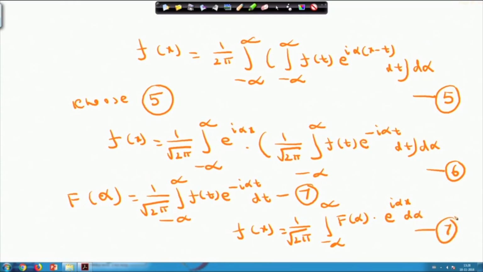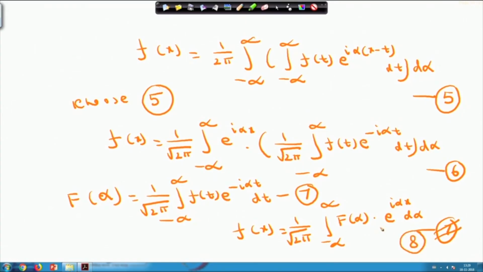Please note this thing, that integral 6 and integral 7. So, if this integral 7 exists, then we call it the Fourier transform of the function f(x), where the kernel we are assuming as e^(-iαt). Sorry, this will be equation 8.